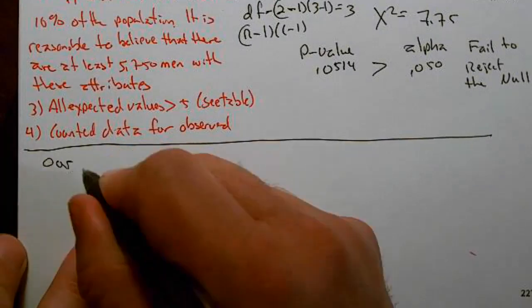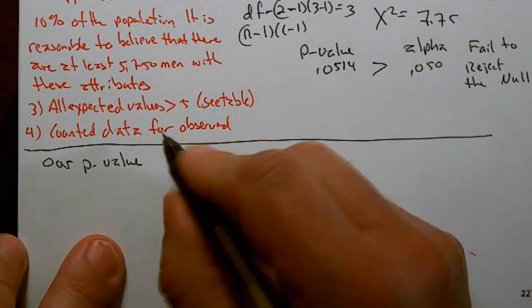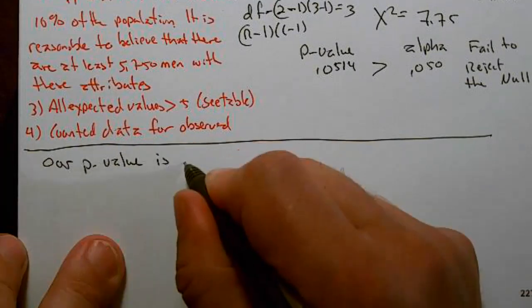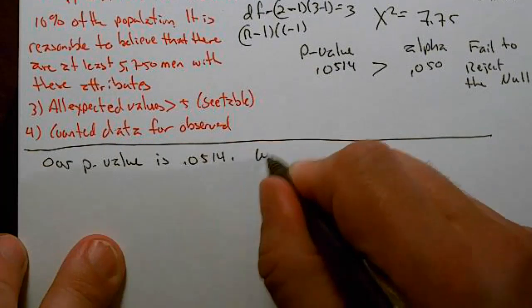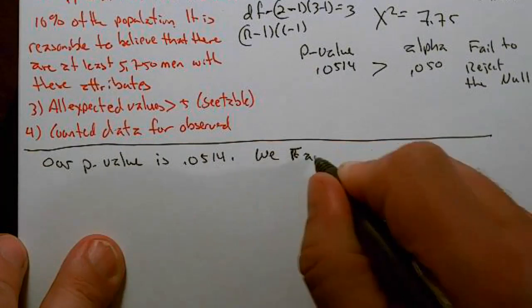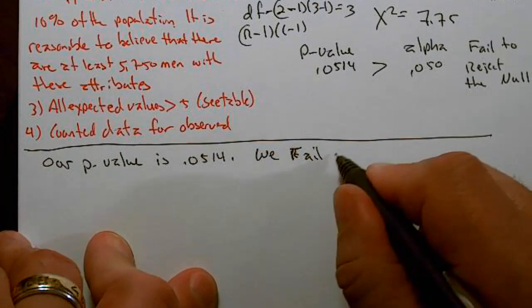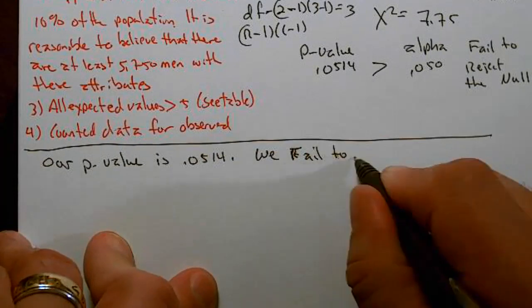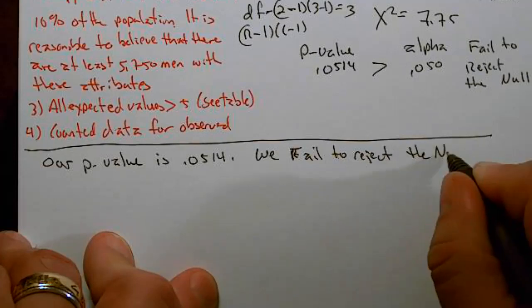Our p-value is 0.0514. We fail. Make sure that you're consistent. Make sure that you do exactly the same thing here: fail to reject the null.